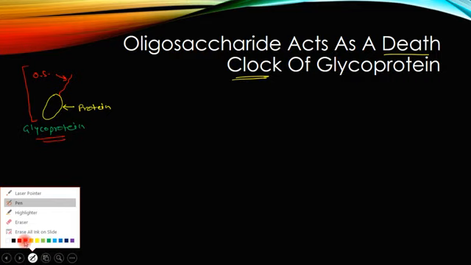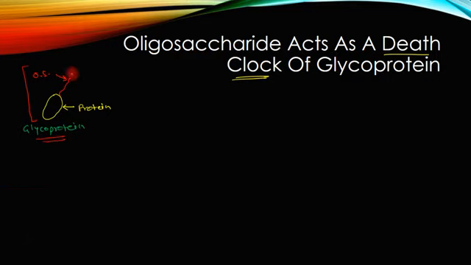Now the peculiarity of this glycoprotein is that it has a terminal sialic acid, and just beneath the sialic acid there is galactose. Now when any glycoprotein is newly synthesized, let's say it may be an antibody or a peptide hormone.